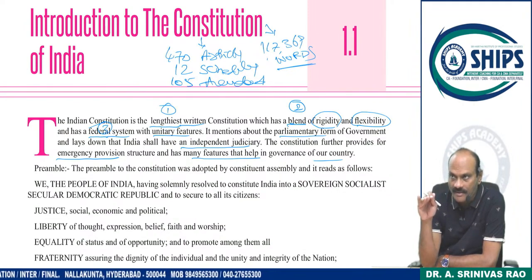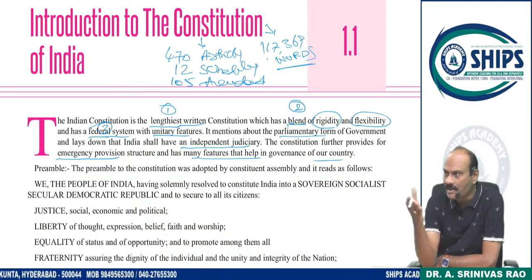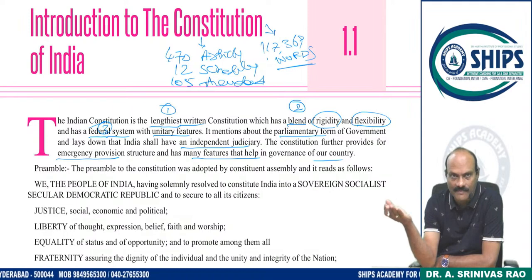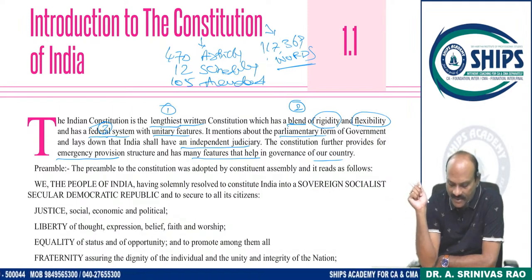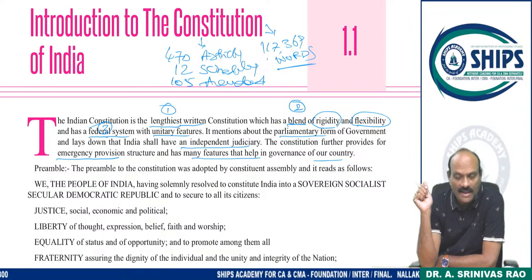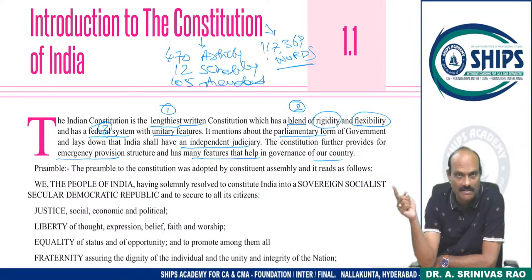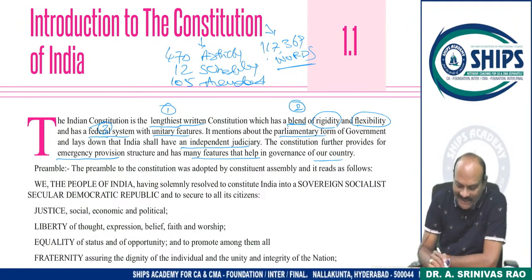So far it has been amended 105 times from time to time. Tomorrow this figure may change also. From time to time changes are taking place, and it consists of 1,17,369 words. Lengthiest written constitution globally. Fine. So it is the lengthiest.